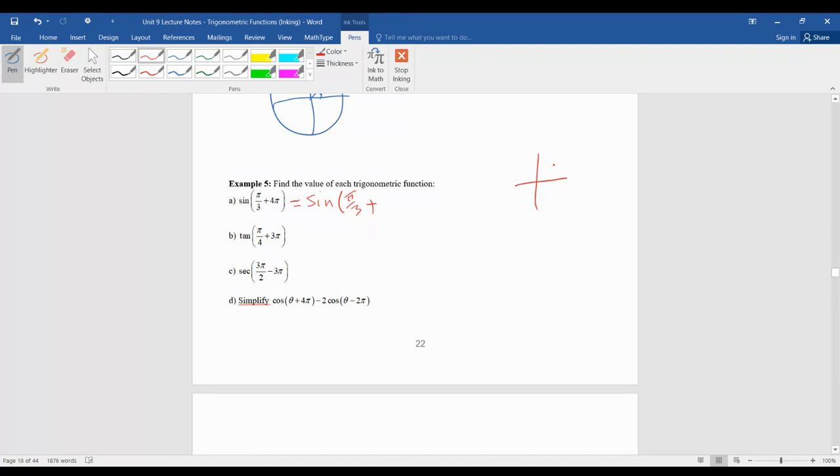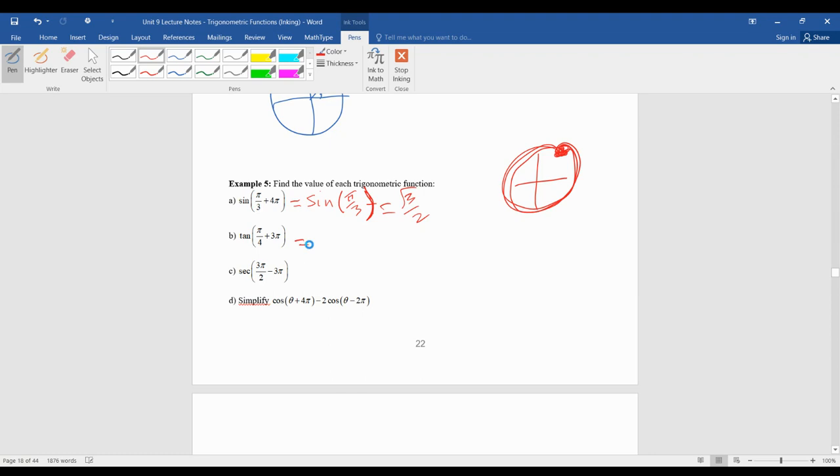So sine of pi over 3 plus 4 pi is the same as sine of pi over 3, and sine of pi over 3 is root 3 over 2. You can get that on the unit circle.